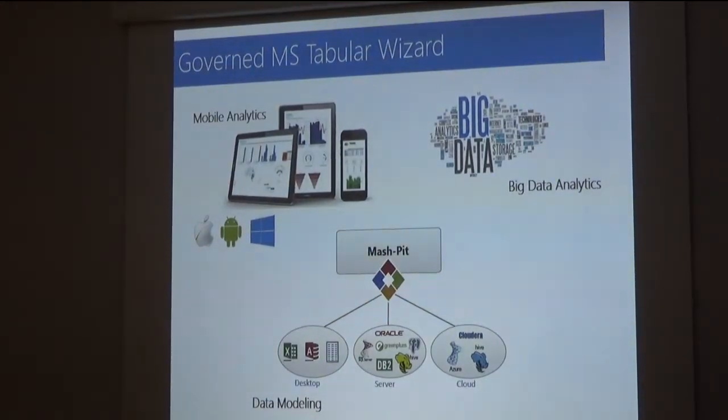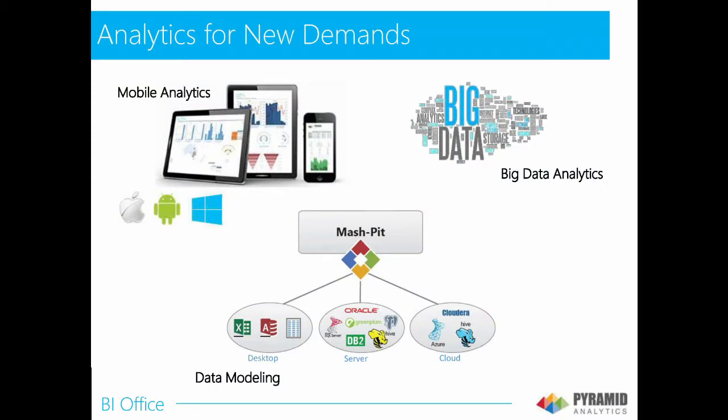Two slides and then I will move to the demo. We have a tool which we call Mashpit. Today, in order to create OLAP cubes or tabular cubes, you need to do it through Visual Studio. OLAP cubes, tabular cubes you can create through Power Pivot or Visual Studio.